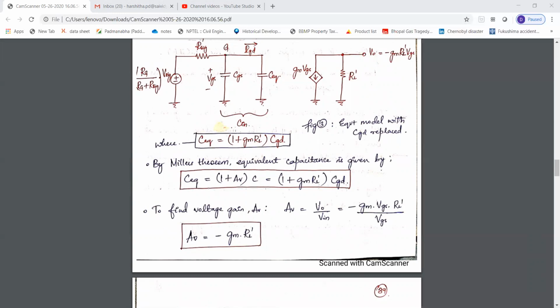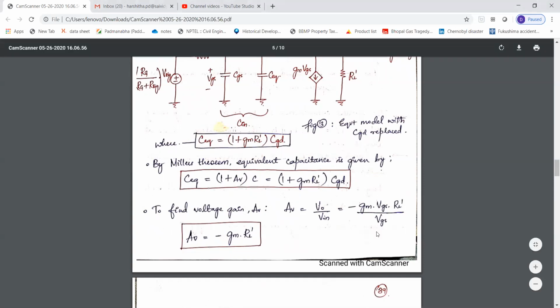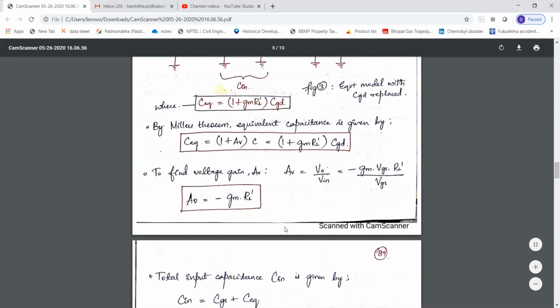So considering the direction of the current flow, output voltage will be equal to minus gm into VGS into RL dash. And the input signal here is VGS. So VGS in the numerator and denominator will get cancelled. So AV will be equal to minus gm into RL dash.